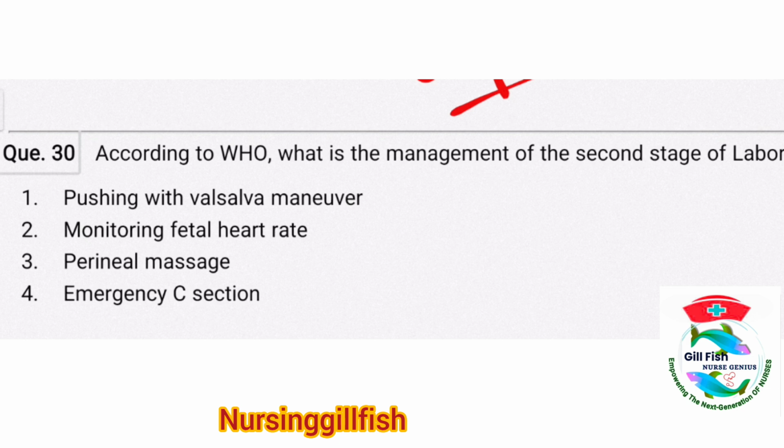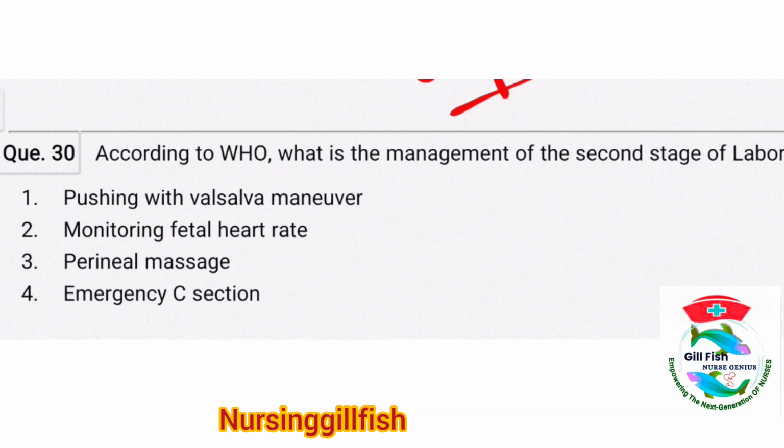According to the WHO, the World Health Organization, what is the management for the second stage of labor? Option 1, pushing with Valsalva maneuver. Option 2, monitoring the fetal heart rate. Option 3, perineal massage. Option 4, emergency C-section.